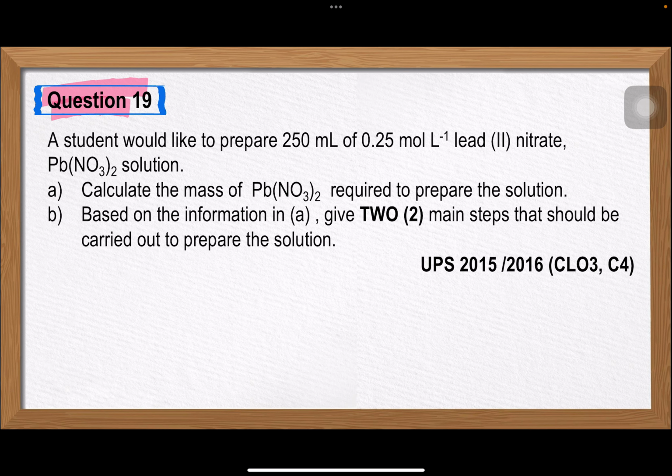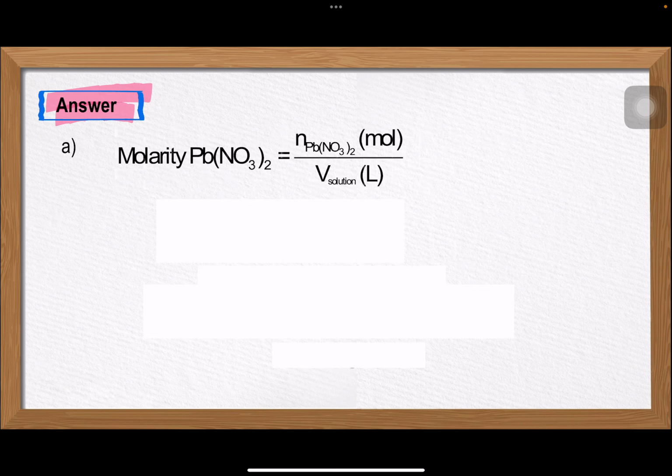Okay, first, calculate the mass of plumbum nitrate. How much plumbum nitrate do you need to weigh to get this volume and concentration? Molarity is moles of plumbum nitrate divided by the volume of solution.